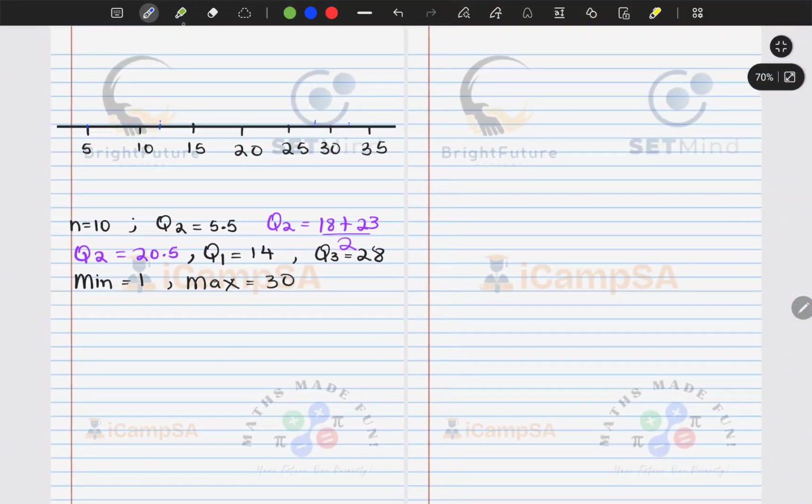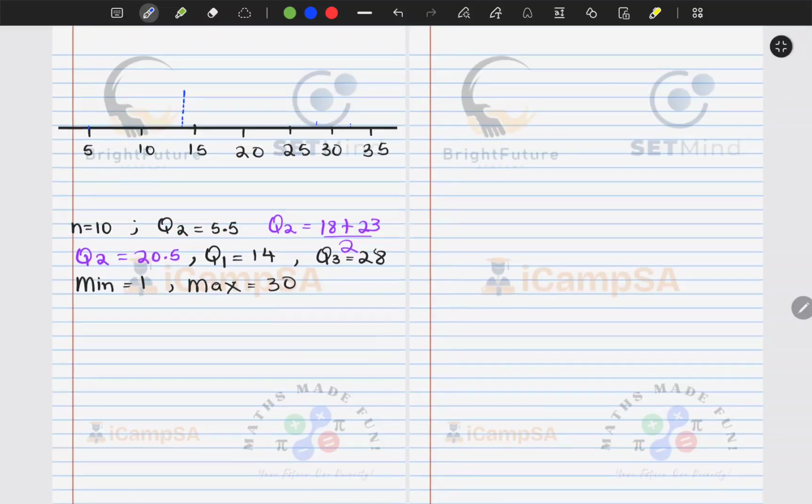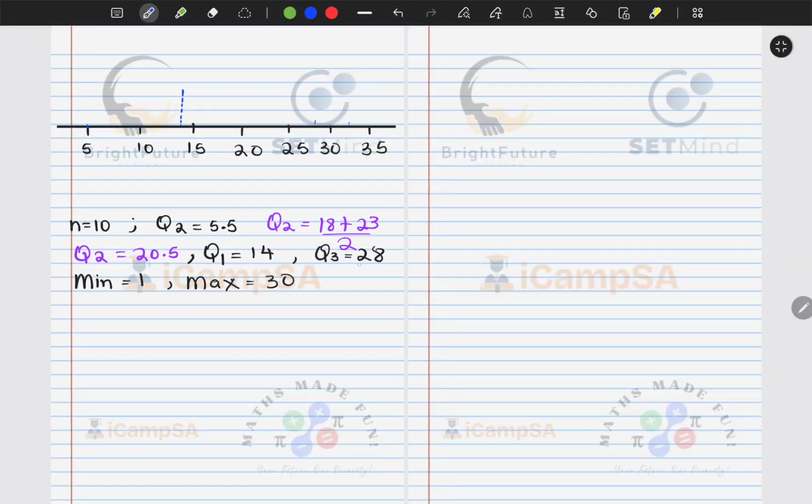Q1 is 14, so 14 is just before 15, somewhere here. And then your Q2 is 20.5, so that's just after 20. Then your Q3 is 28, so that's just before 30. Okay, and your maximum is at 30, so it's very close. And your minimum is at 1. So let's have a 0 here and have a 1 somewhere there.